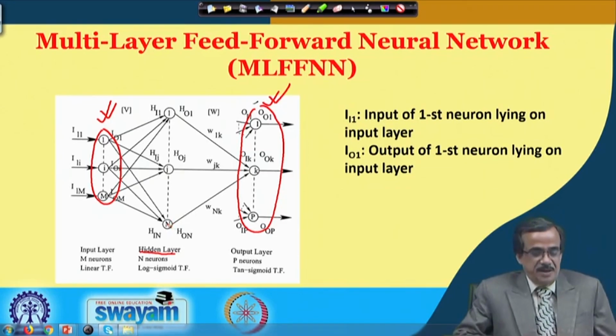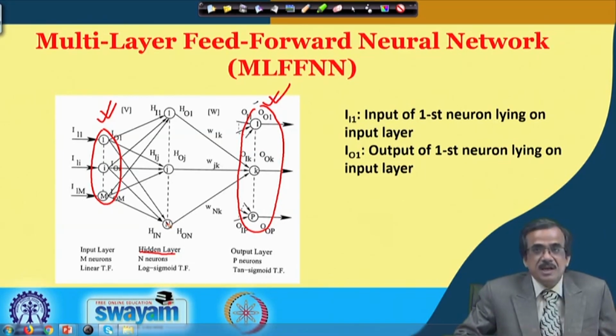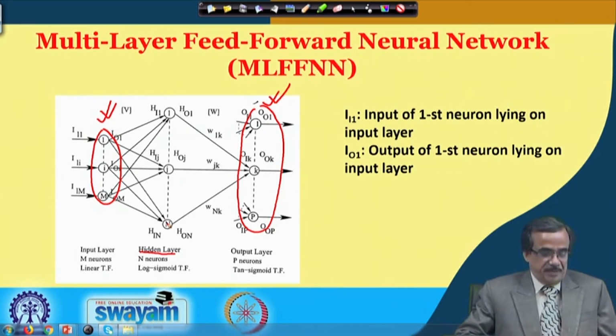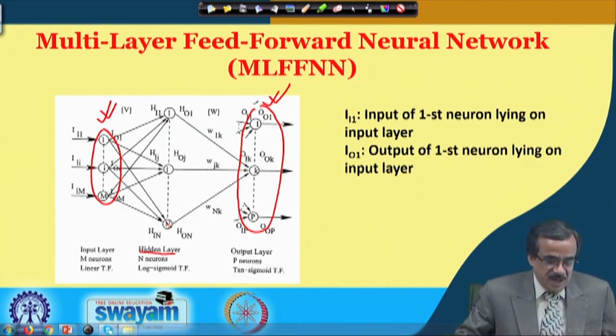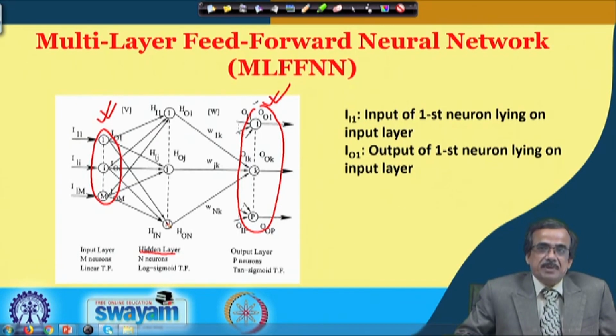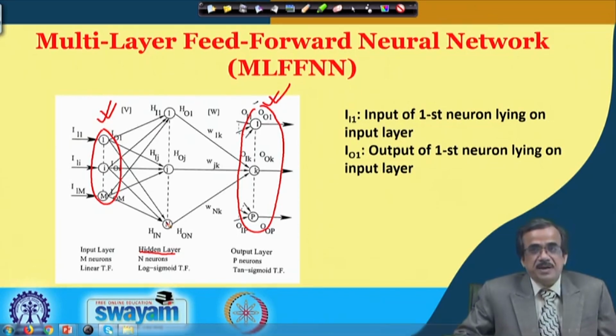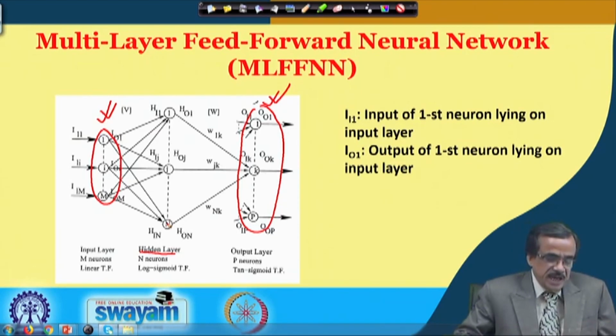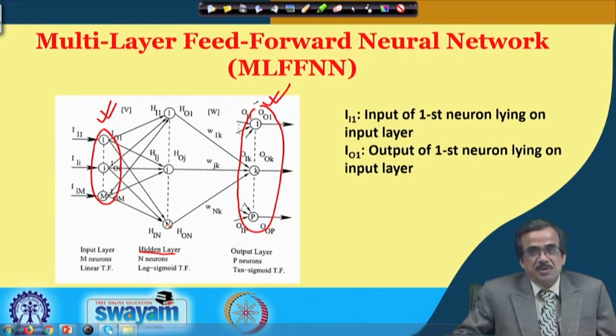Now, how to decide the number of hidden layers, or how to decide this particular architecture? That I am going to discuss a little bit. Now, before I start that, let me mention that there is no guarantee that we can ensure more accuracy of this particular network by increasing the number of hidden layers.